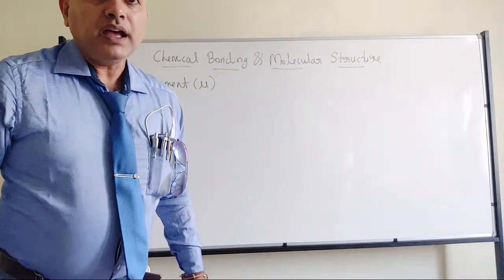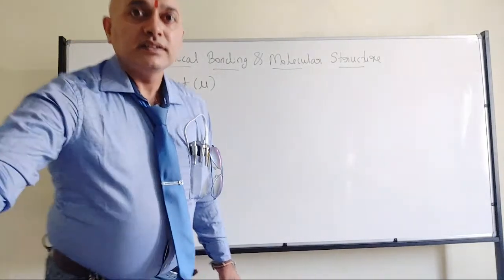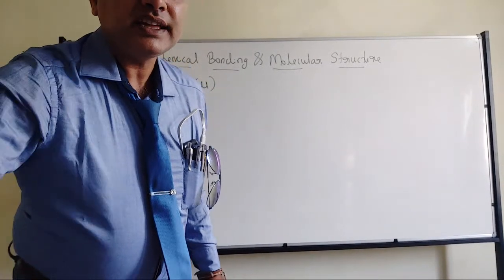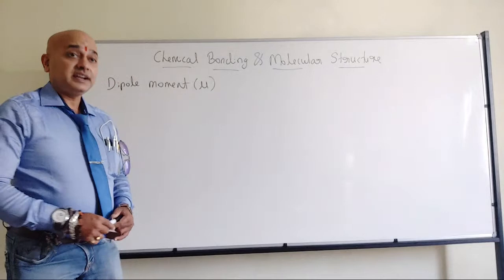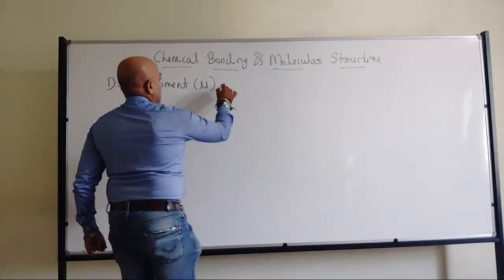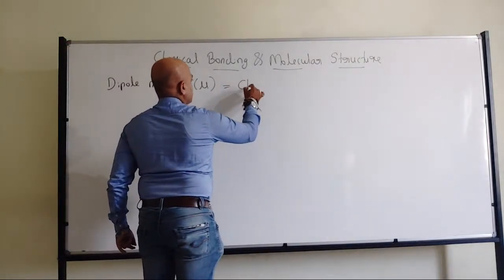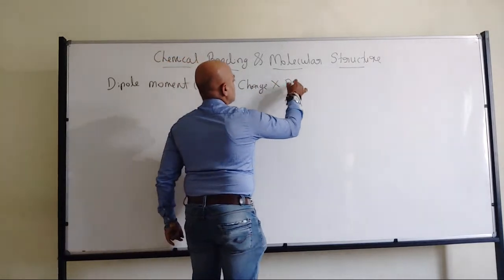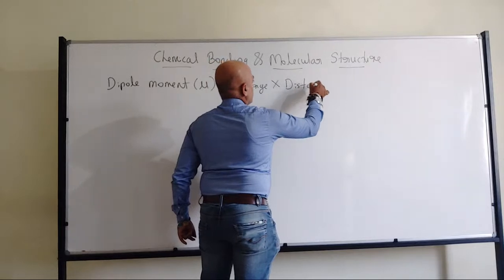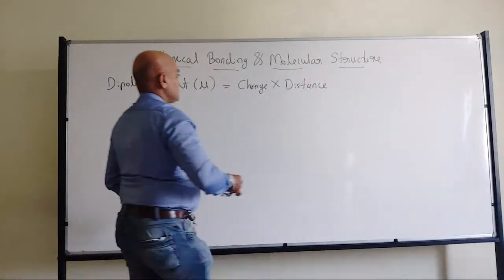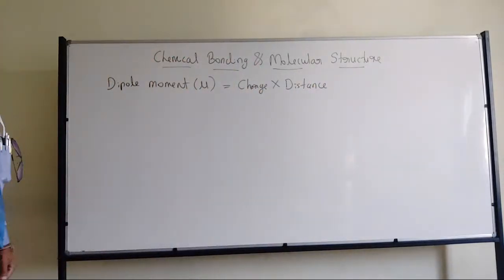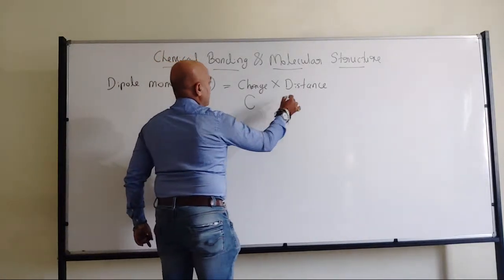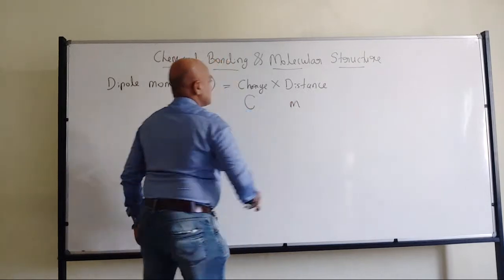Now what do you mean by dipole moment? Dipole moment is nothing but lattice theory. What do you mean by lattice theory, Chidwan? Okay, that is related to salt. So dipole moment is charge into distance between those charges. Naturally, the unit for charge is coulomb and for distance it is meter.